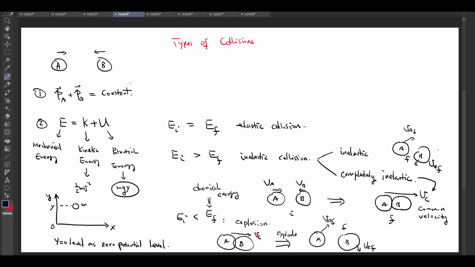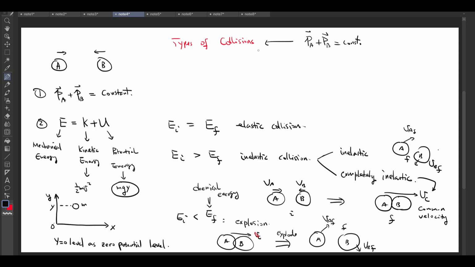Next time we're going to talk about how to apply momentum conservation to study this collision process. Again, as I said, the total momentum of a system is always conserved.